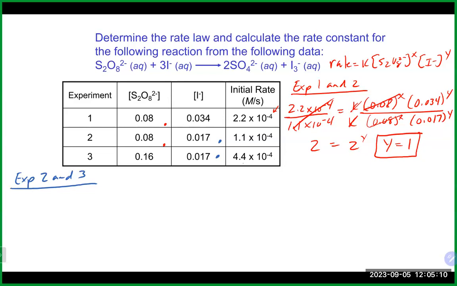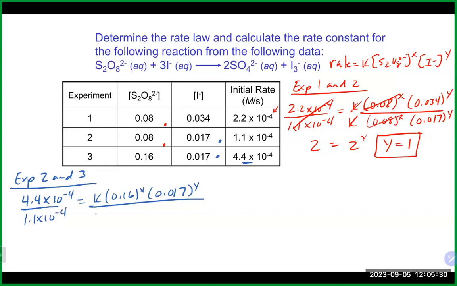I'm going to go with experiment 3 up on top since it looks like it has a larger rate. So we'll go with that: our k, 0.16 to the x and 0.017 to the y, taking everything from experiment 2 down on the bottom: 0.08 to the x and 0.017 to the y.